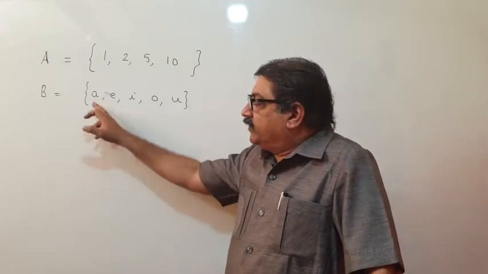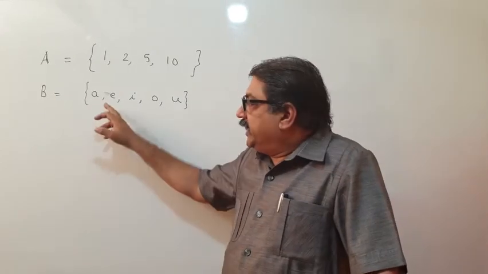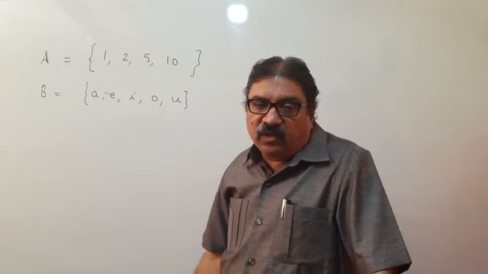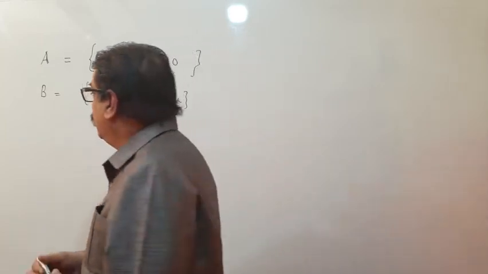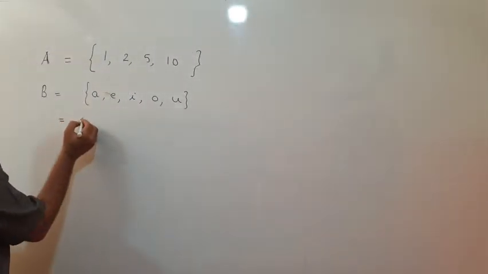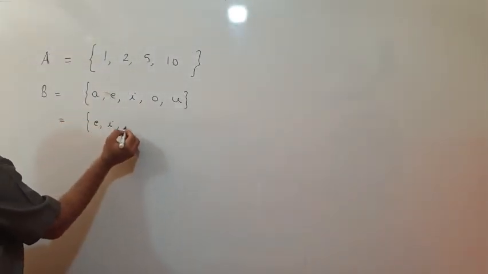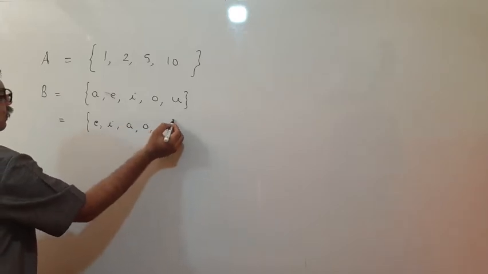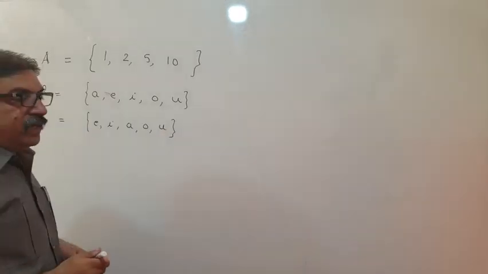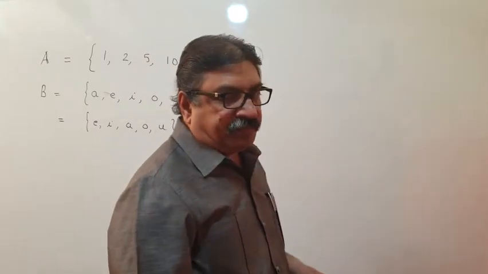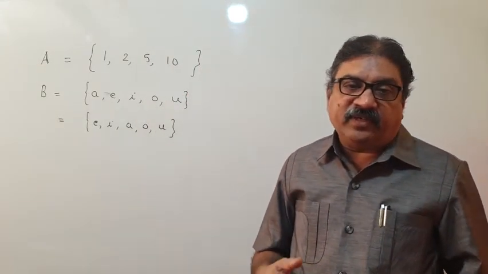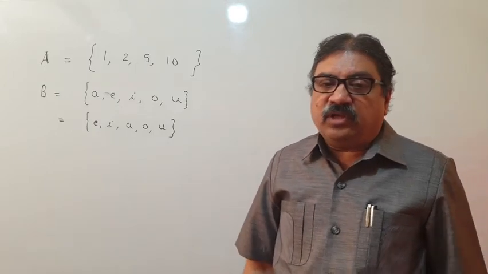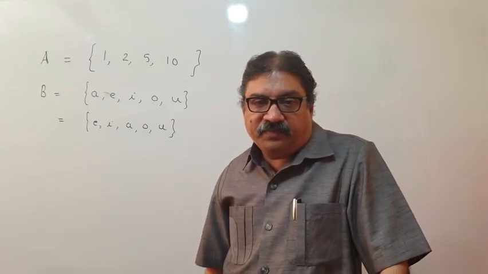If I am writing A first, it does not mean A is superior to these letters. We can write in any order, it makes no difference. So B can also be written as {E, I, A, O, U}. So the order of elements is not important in the set. You can write any element first, any element second and so on.